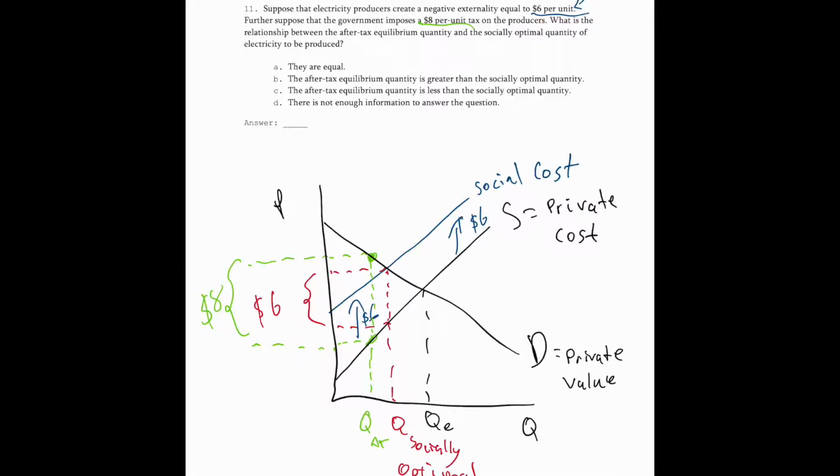All right, well, the optimal quantity of electricity to be produced, socially optimal, and the after-tax quantity. Well, the socially optimal quantity is greater than the after-tax quantity, so let's go ahead and look for that answer. The after-tax equilibrium quantity is greater than the socially optimal? No. They're not equal. The after-tax equilibrium quantity is less than the socially optimal. Boom, done.